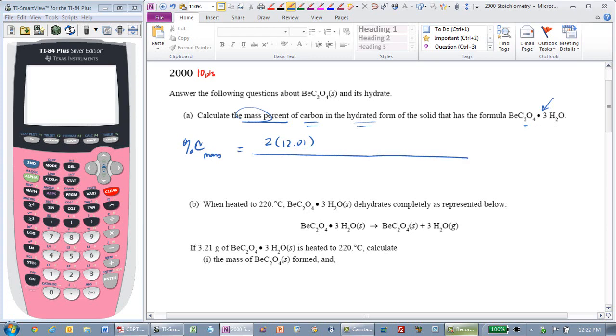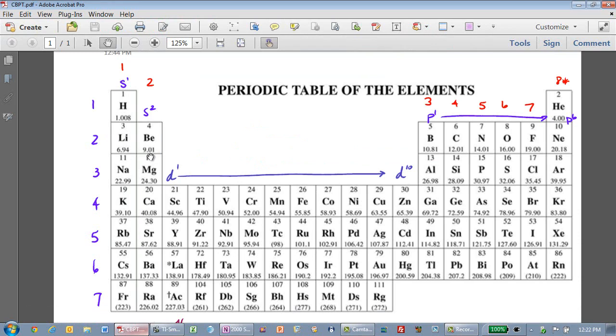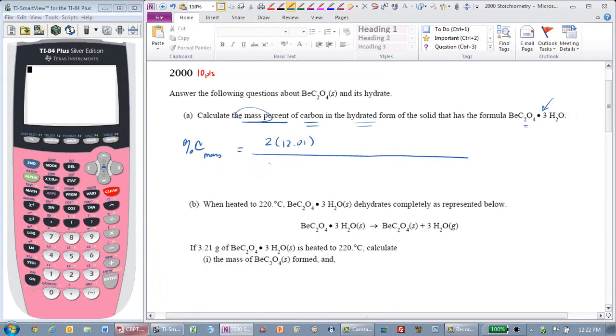Beryllium, I don't have that one memorized, 9.01, plus 2 of the carbons at 12.01 apiece, plus 4 of the oxygens at 16 apiece, plus 3 of the water molecule, which I've given up and memorized as 18.02. If you need to do it with the hydrogens and the oxygens, there's no shame in that.